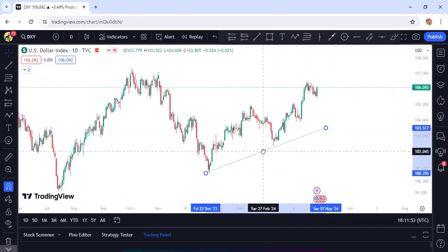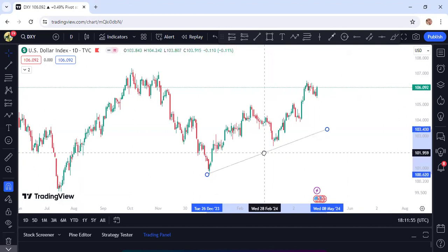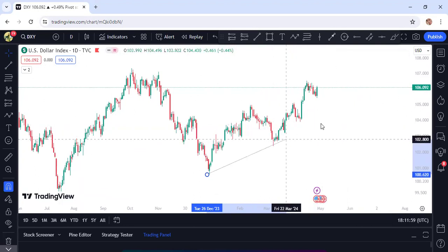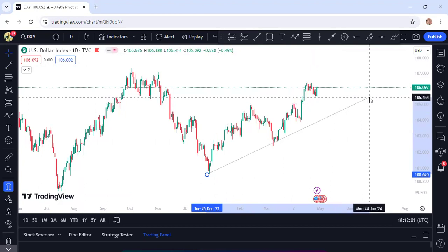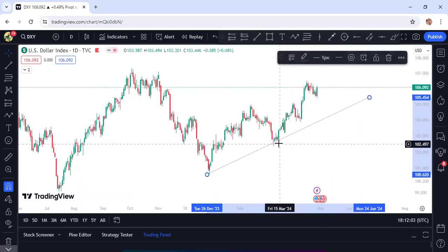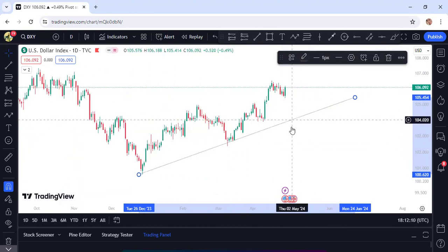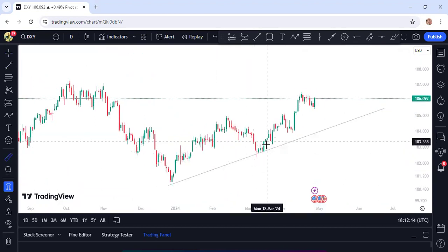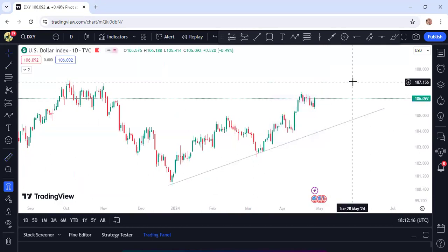The first touch of the trend line, this is the second touch, and we got the third touch of the trend line here. And this is our confirmation entry candle, a bullish engulfing candle, and you can see the market moves from here to the upside.